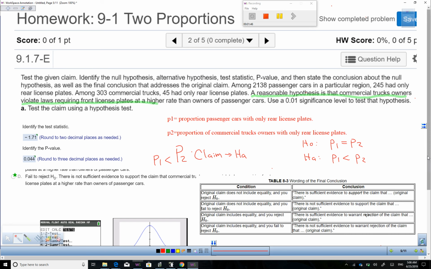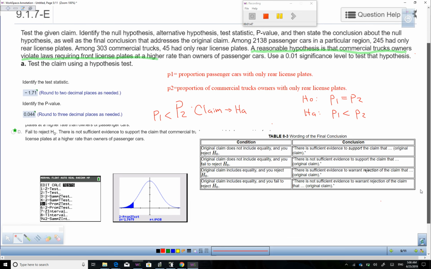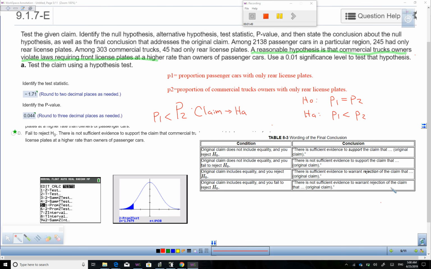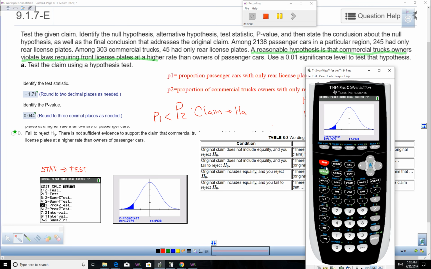Okay, for this problem, since you're claiming a test about two proportions, we have to go to stat, test. Let's open the calculator. Let me reset my calculator by doing second plus 7 1 2.